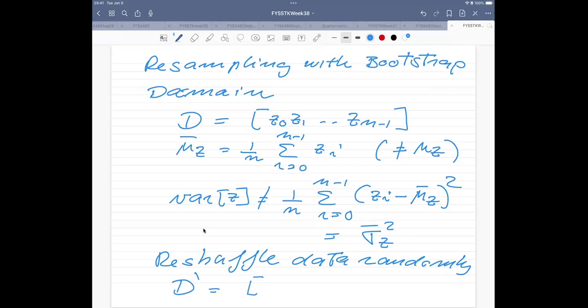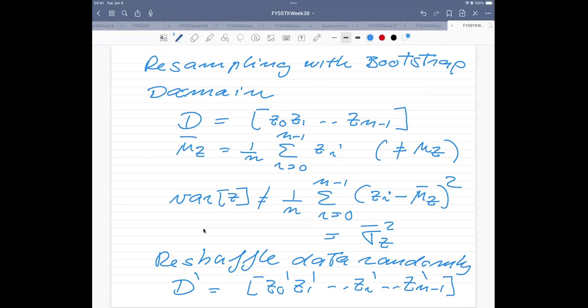This will be Z0 prime, Z1 prime, up to Z_i prime, up to Z_{n-1} prime. So what I did was to take that data set and reshuffle it. And then I pick new numbers. The first one I pick, I put into Z0. The next one I put into Z1, etc. But I do this with replacement.